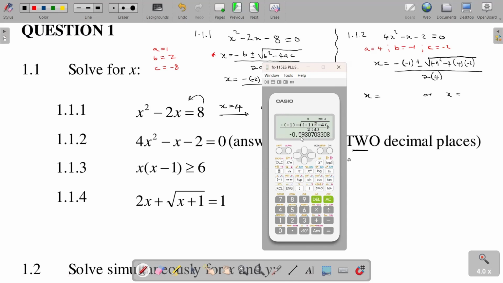So since it's less than 5, it becomes -0.59. Then we proceed to write the correct answer. So we are having 0.82 as our first answer.